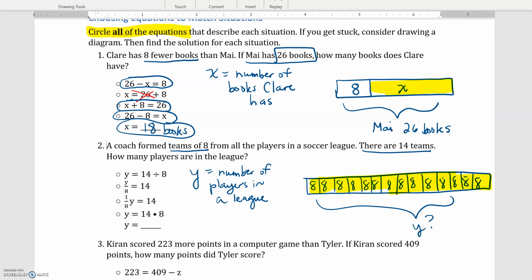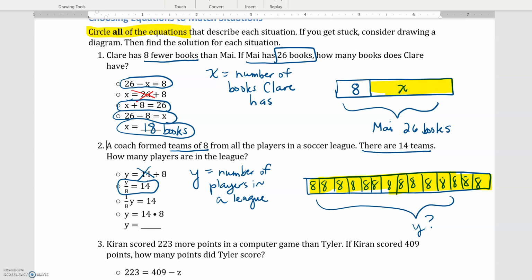So is y equal to 14 divided by 8? That doesn't make sense. We don't divide 8 into 14 to find a number of players, so I'm going to x this. Could I take the number of players and divide them into teams of 8 to get 14 teams? I can, so I can circle this one here.